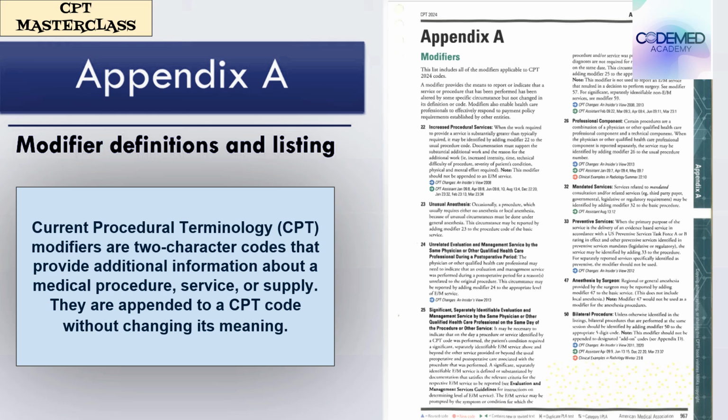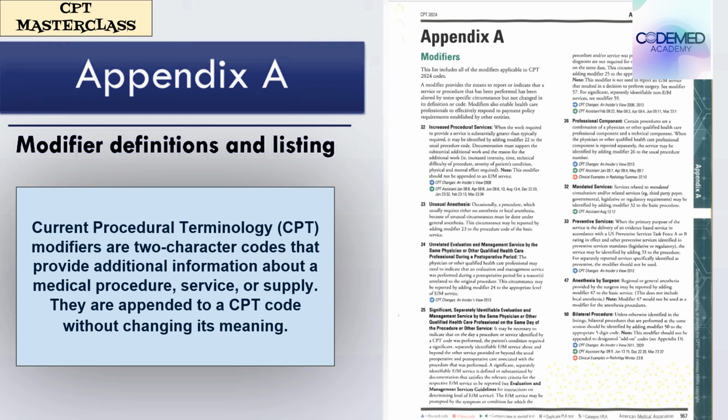What are modifiers? They are two character codes that provide additional information about the medical procedure, service, or supply. They are appended to a CPT code without changing its meaning. So these modifiers are basically two character codes that we add to the CPT code.